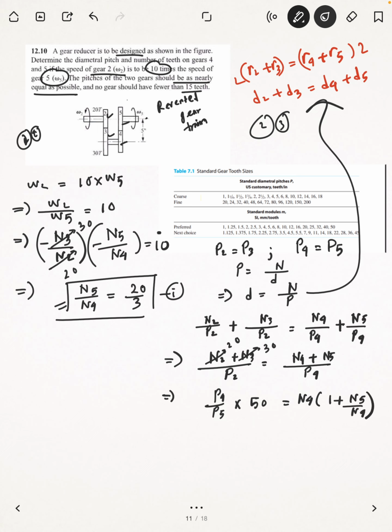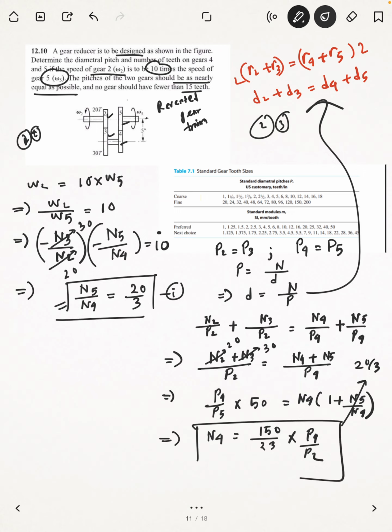Okay, so now if I want to write everything in terms of N4, and this ratio is given as 20 by 3. If I input these values, we're going to end up with N4 is basically 150 by 23 times P4 by P2. This is equation number 2.